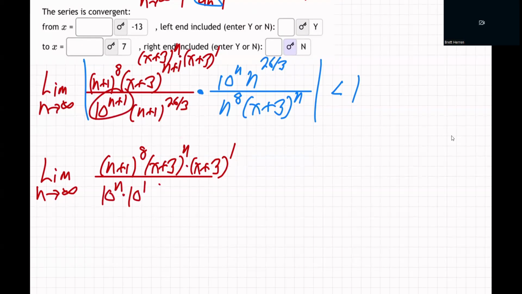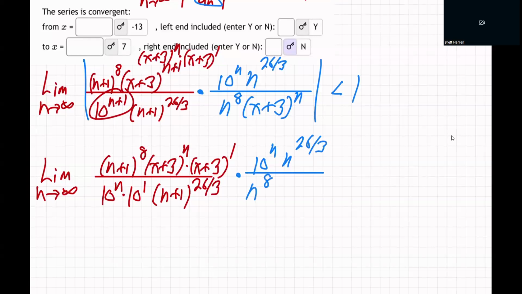And then this is n plus 1 to the 26 thirds. Just doing little things I can cross out here. And then what do we have? 10 to the n, n to the 26 thirds, n to the 8th, x plus 3 to the n, absolute value less than 1.